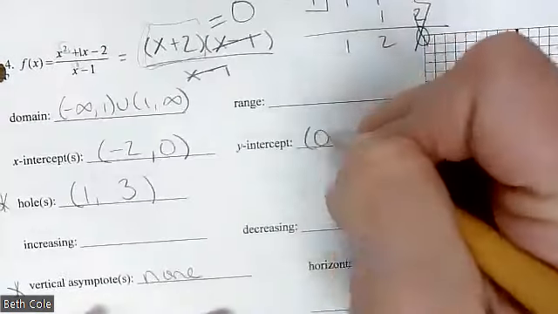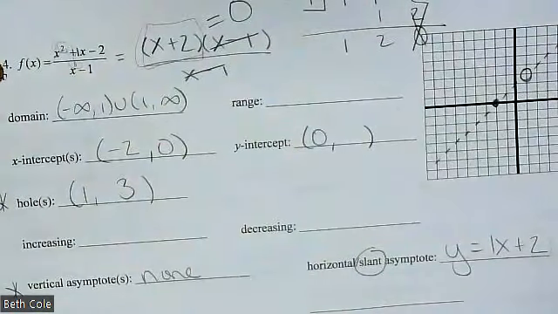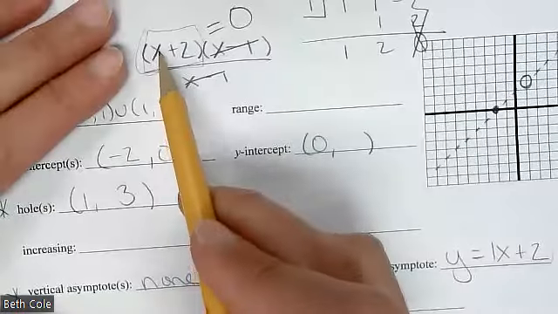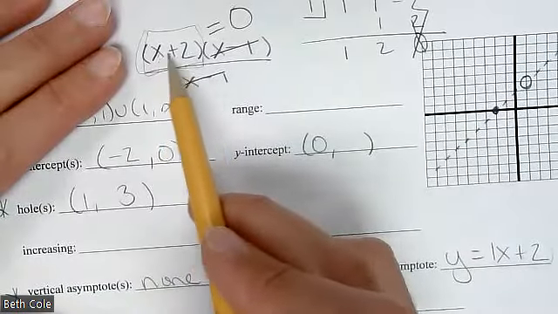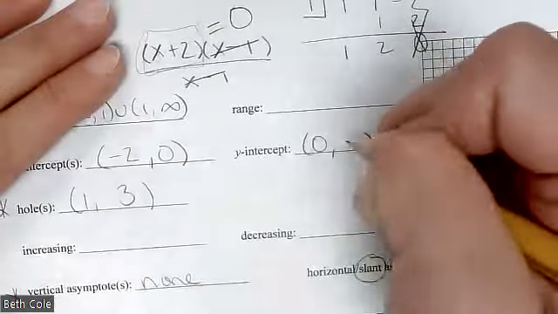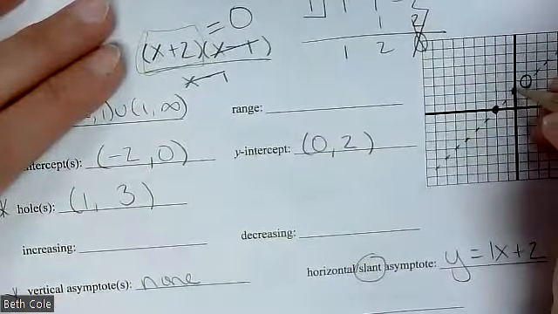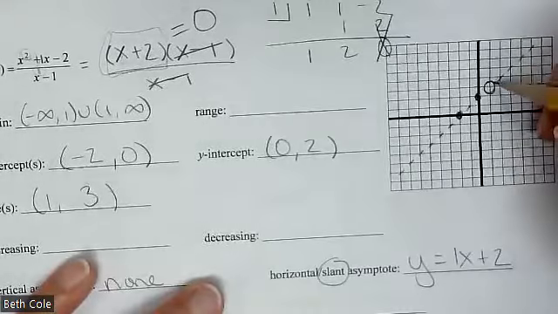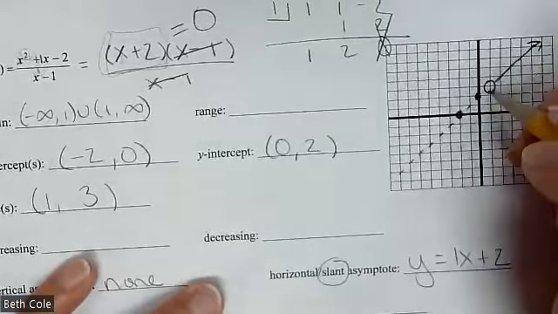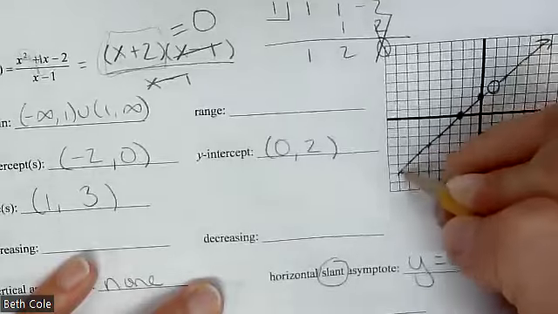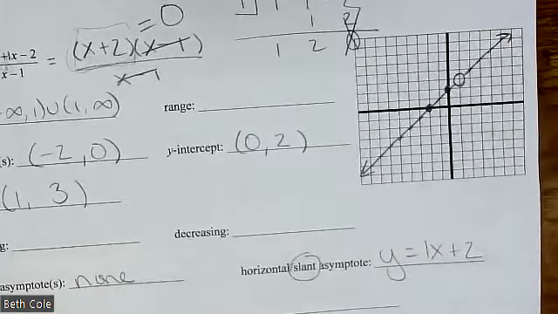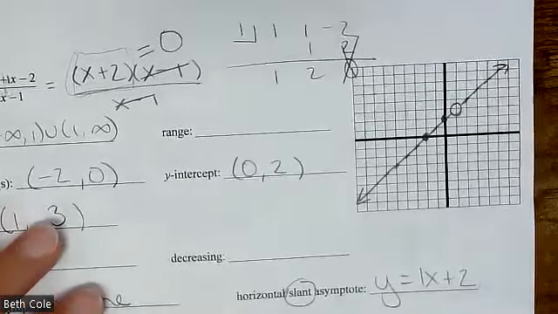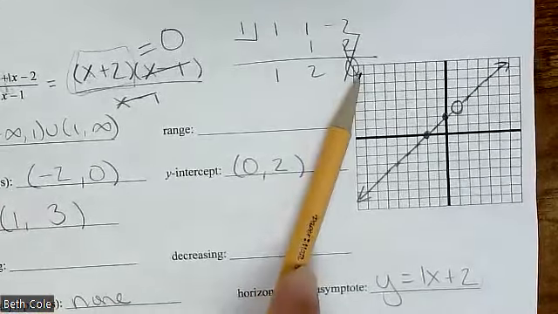And then when you get your y-intercept, when you plug in 0, stick with me. If you plug 0 in for x here, what do you get? 2. 0 plus 2 is 2. And that's also on the asymptote. So when you connect everything, your graph literally is the slant asymptote. You get a line with a hole in it. The reason it was perfect is because the remainder was 0.